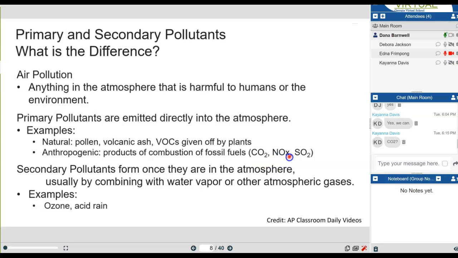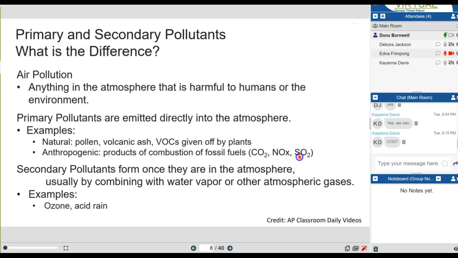Now sometimes you're going to see this term NO and then the subscripted x. We're going to say this is a NOx. Okay, it's kind of a short term for many of the different types of nitrogen oxide components that are created and emitted to the atmosphere as a primary pollutant.